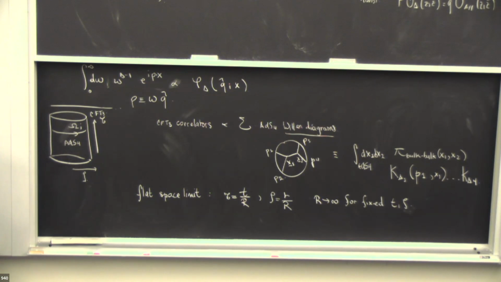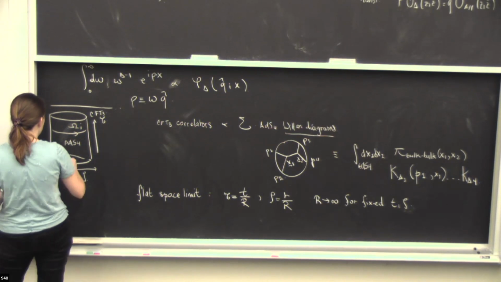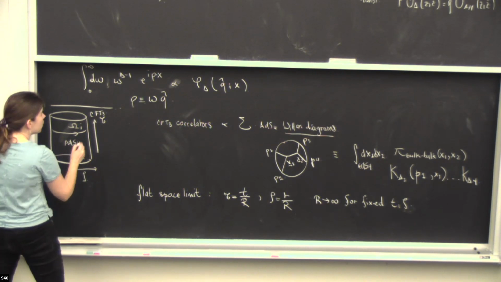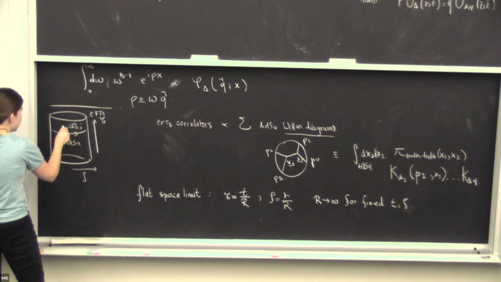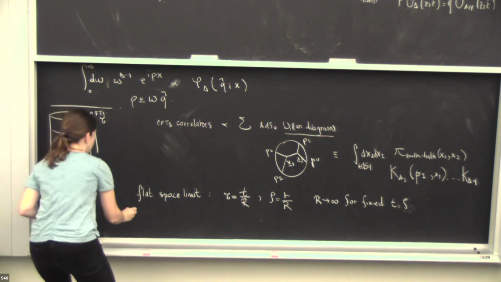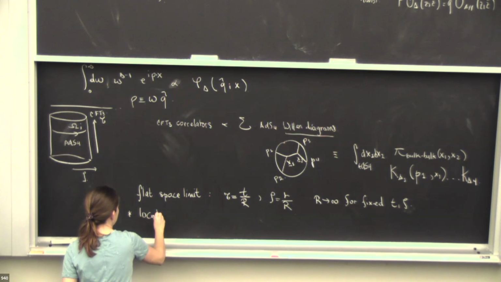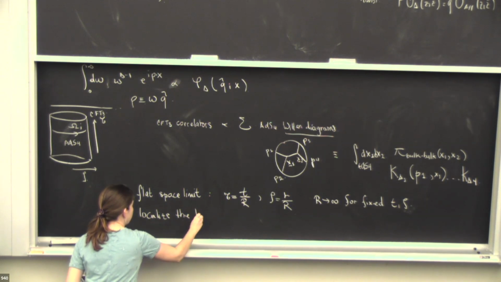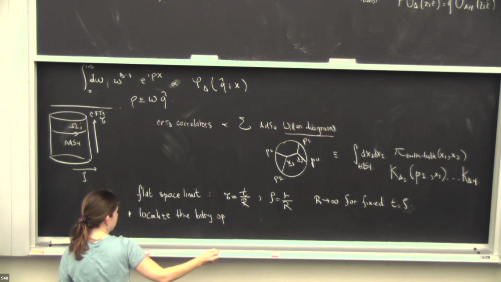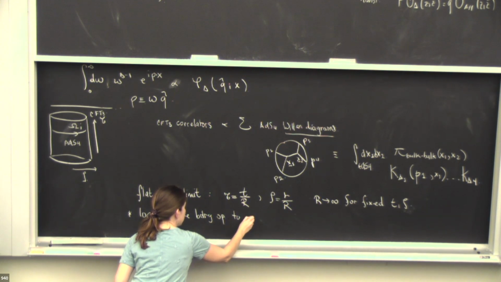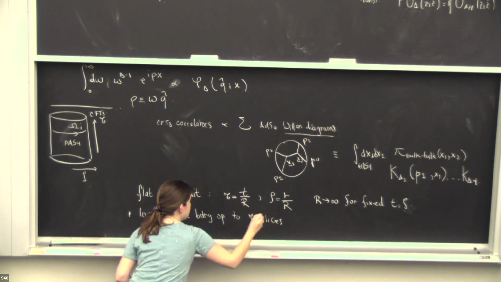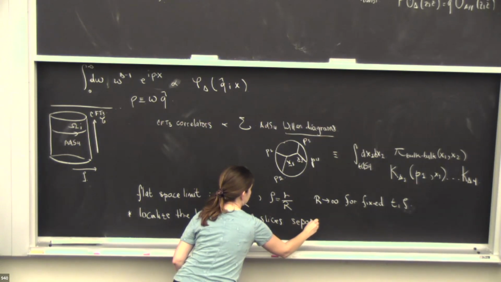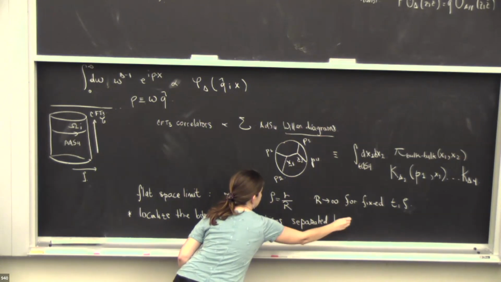But what one can do instead, motivated by this HKLL prescription, where the operators actually localize on some slices that are null separated through the bulk, is to start by localizing the boundary operators to some tau slices separated by pi.